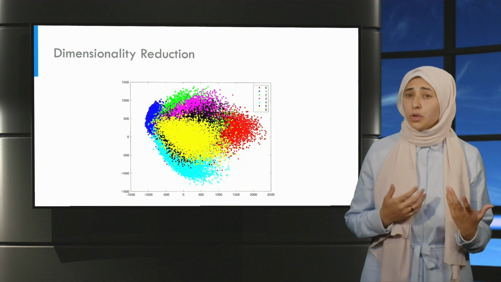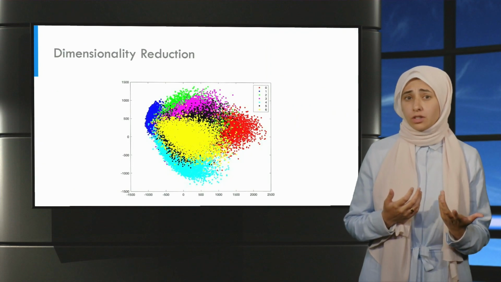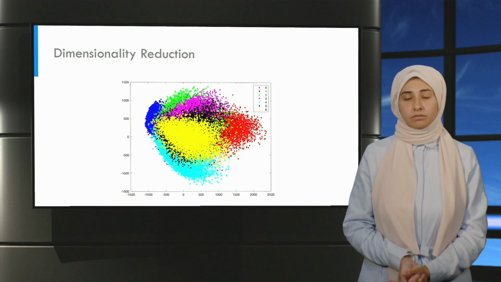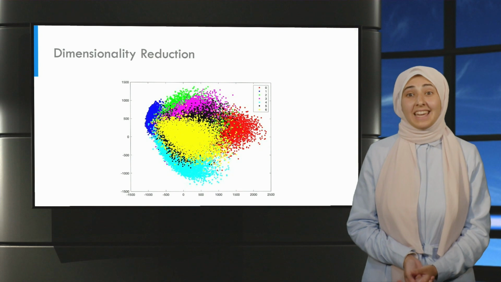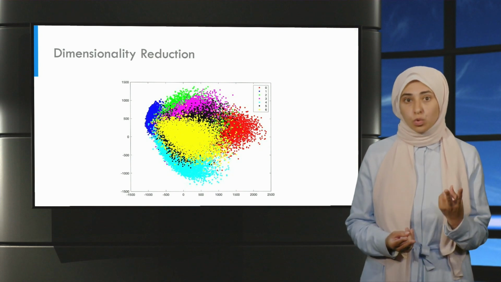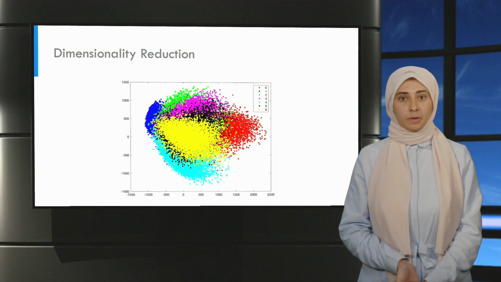But then how could we represent a feature vector of size 784 on a 2D graph? The problem here is it is only possible to visualize 2D or 3D, so 2 features or 3 features maximum.